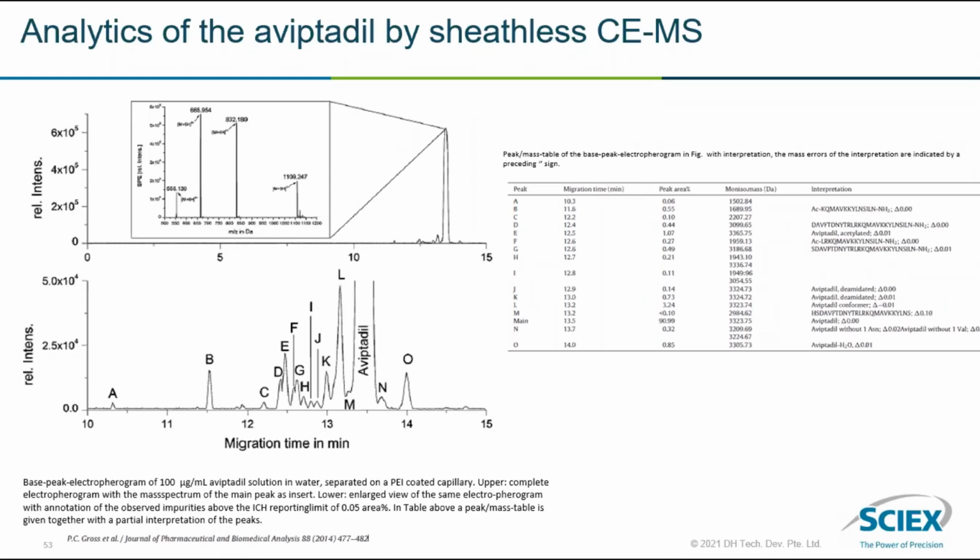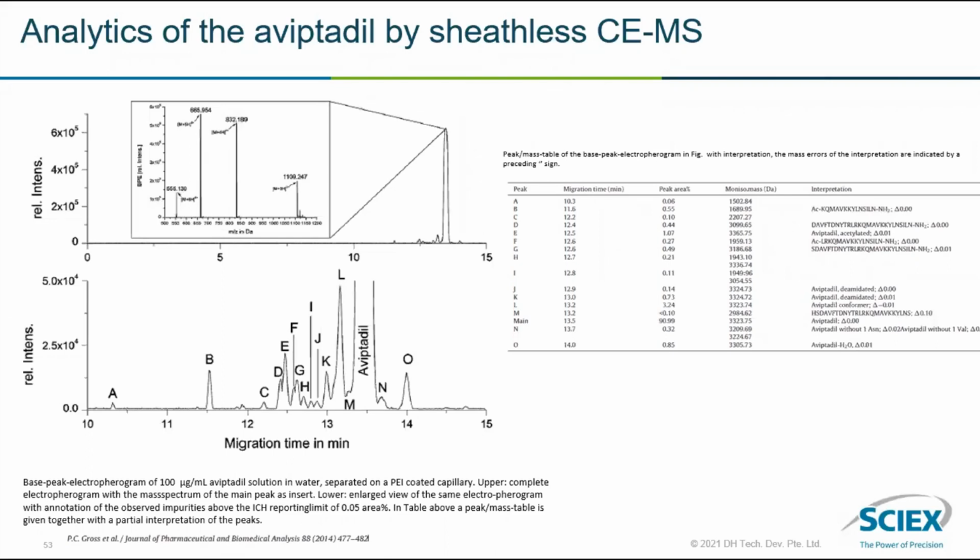The best part of this method is that the 15 impurities present in this table have an area of more than 0.05%.